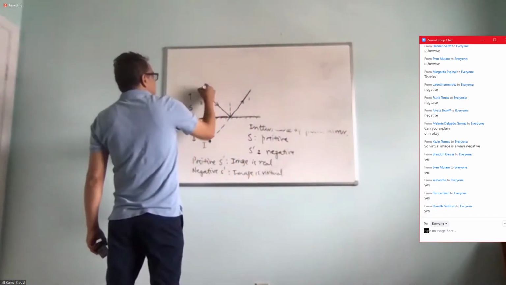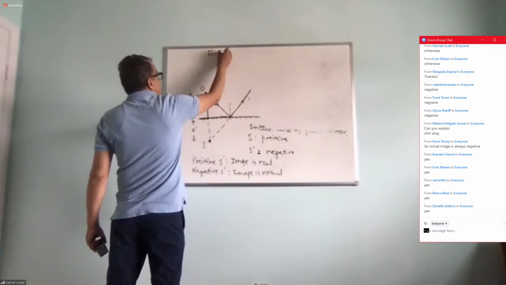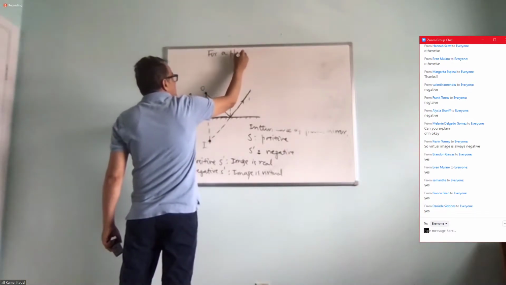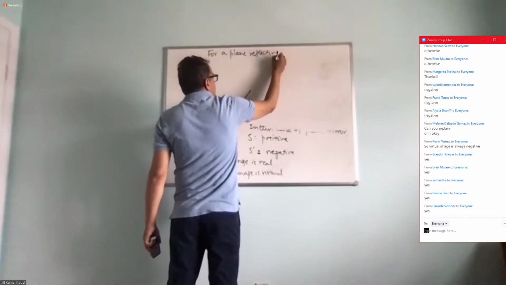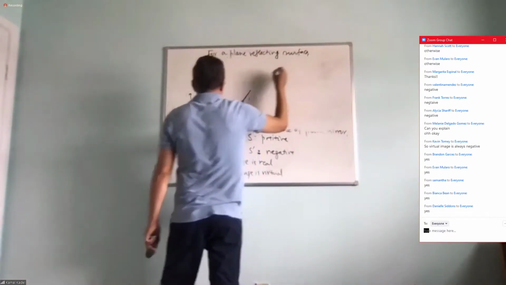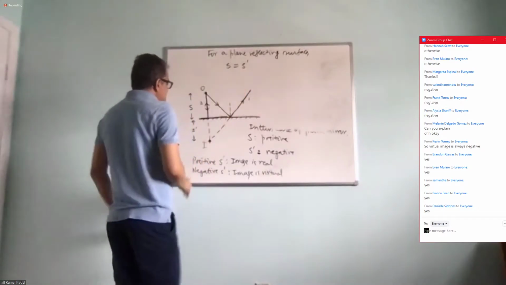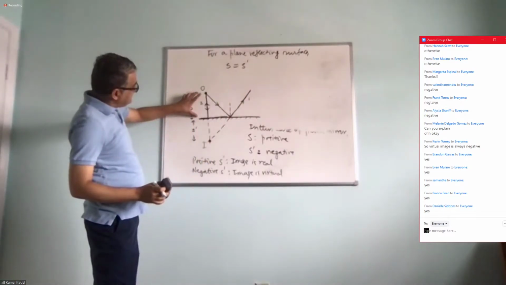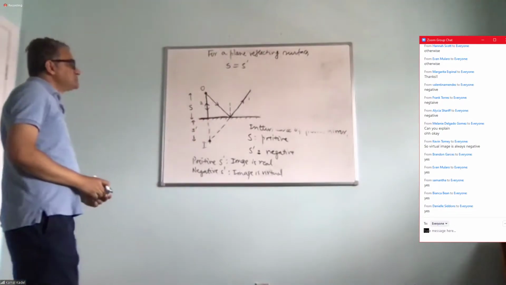Okay, so in this case, for a plane mirror, this line and this line have to be equal. S equals S prime.